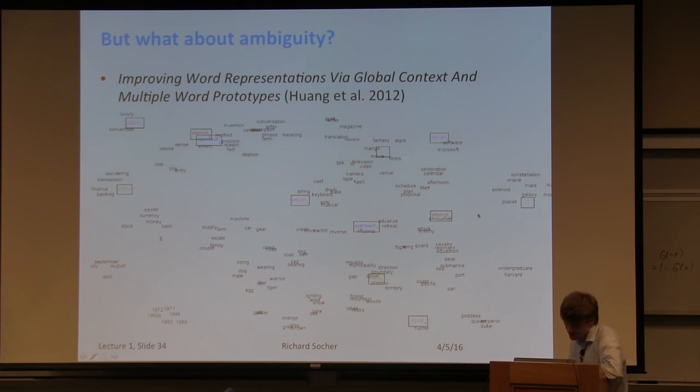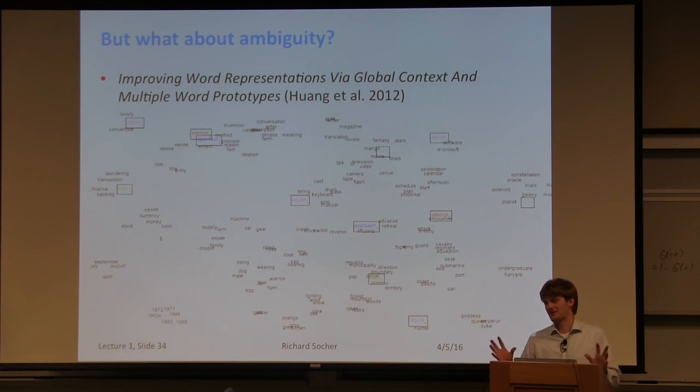And we have here star, and there's one star that's close to galaxy, and here we have another star that's close to movies. And you basically learned that there are different kinds of stars, like movie stars and galaxy types of stars. And there are lots of other examples. Jaguar, I think, could be a bass guitar manufacturer, but it could also be software, and could also be the Jaguar, the animal, and that would then be close to hunter.